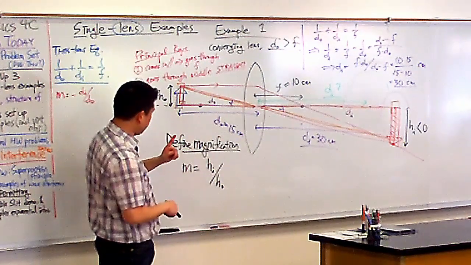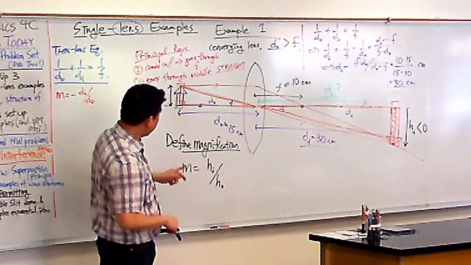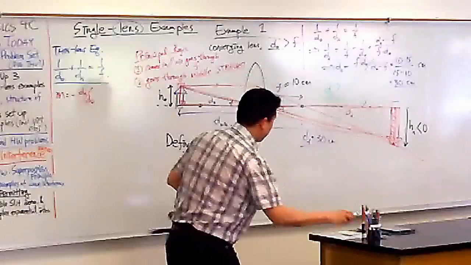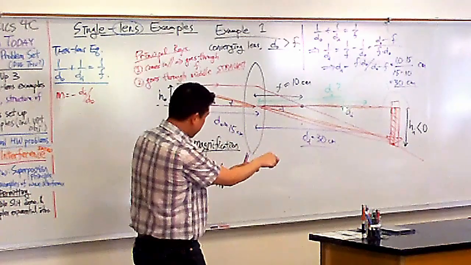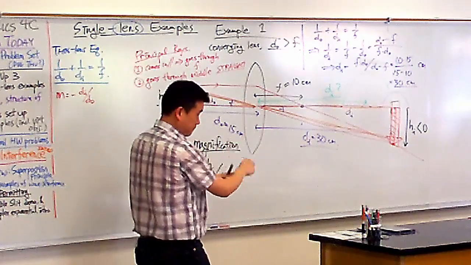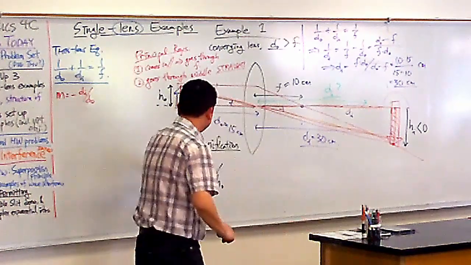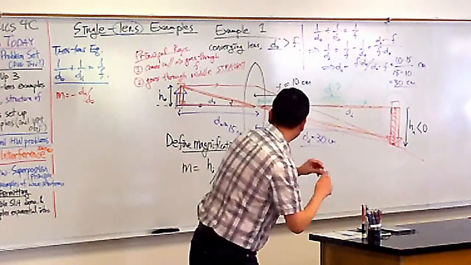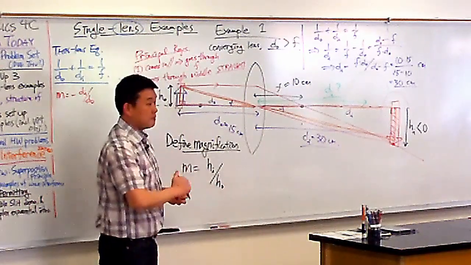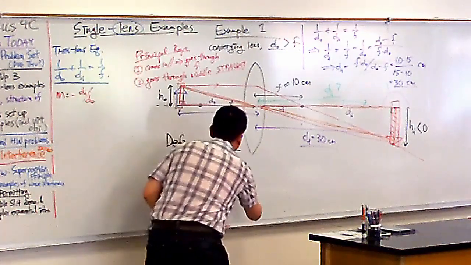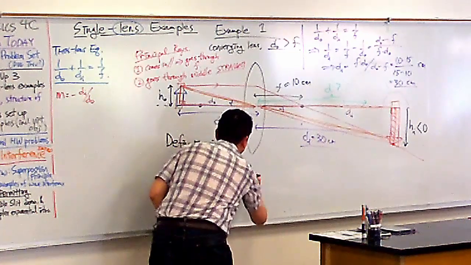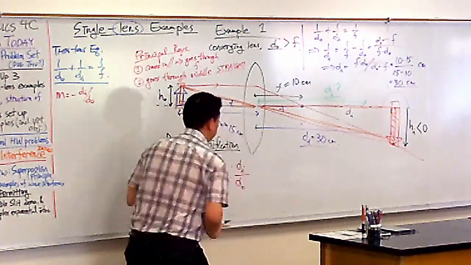Or, making things easy for myself, I can say the ratio of this side to that side is equal to the ratio of this side to this side. So we would say this magnification, this is the definition, but we can see that it's numerically equal to image distance over the object distance.